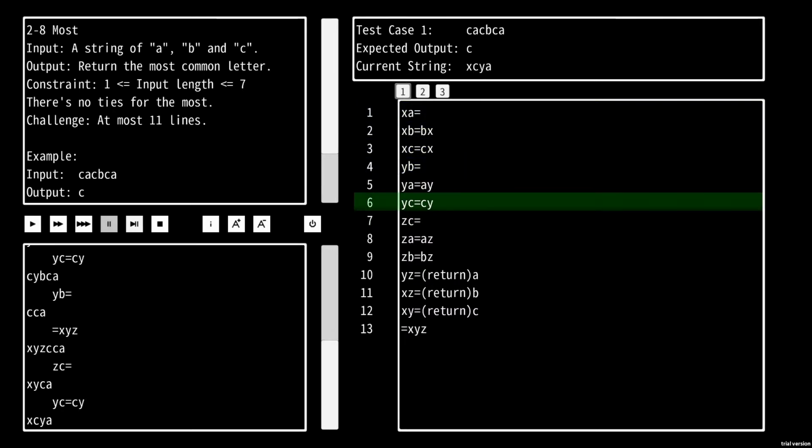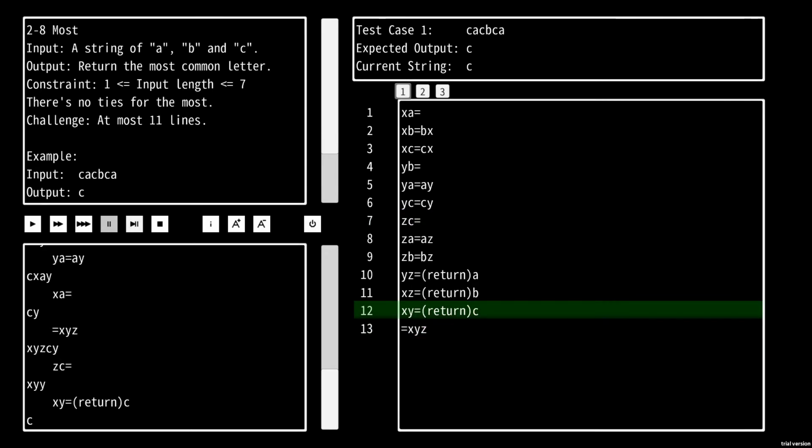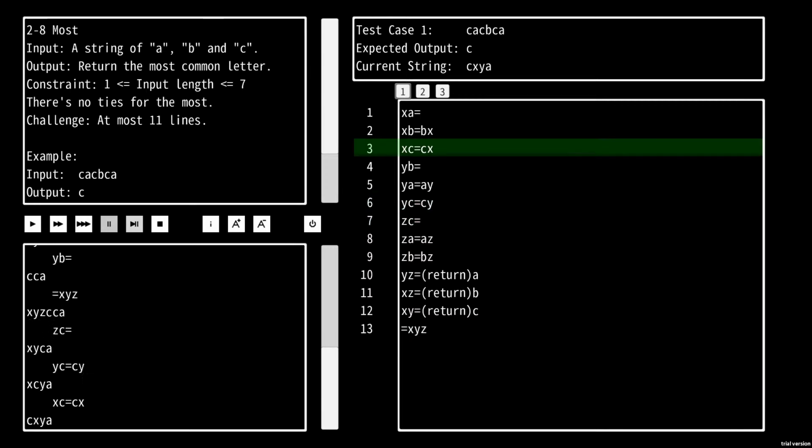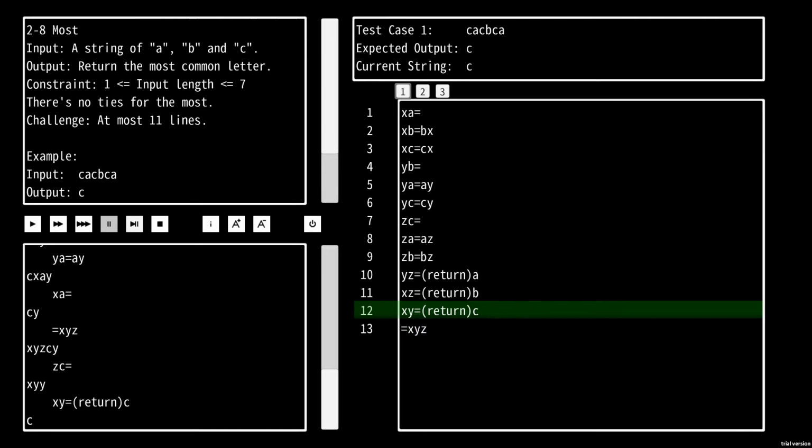So it just keeps going, deletes all the letters, and right at the end, sorry, I kind of skipped over it, one of X, Y, or Z is going to be missing after all of the simplifications are done. So that means I can just check for which combination is there, and I'm good.